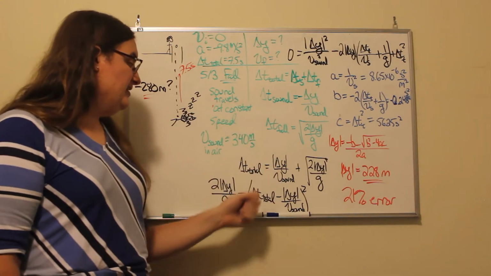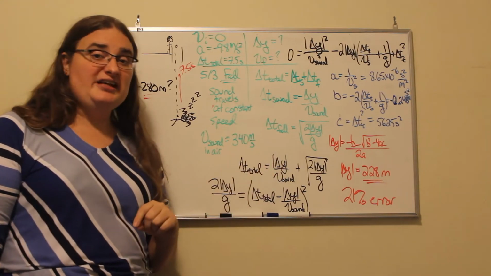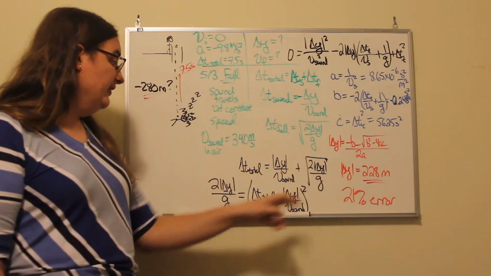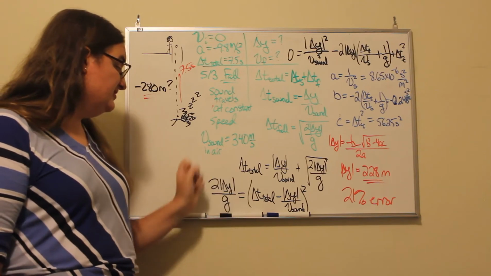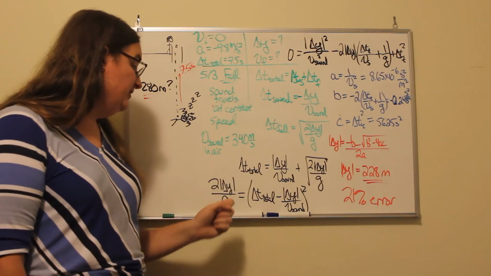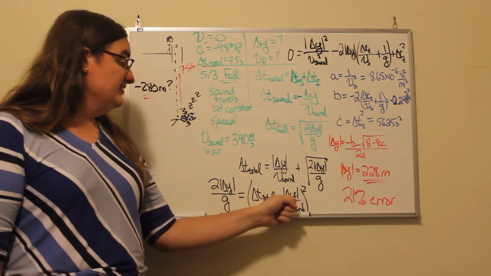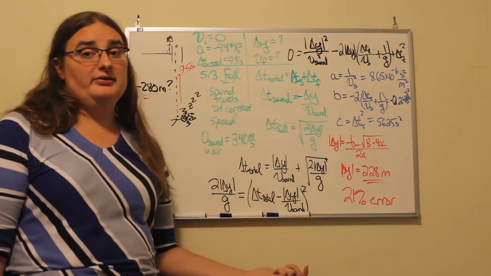So my total time minus the time of the sound, the distance over the speed of sound, equals the time of the fall. And then if I square it, I have the time of the fall squared, which is 2 times the distance divided by the strength of gravity, is equal to the total time minus the distance over the speed of sound, that whole quantity squared.